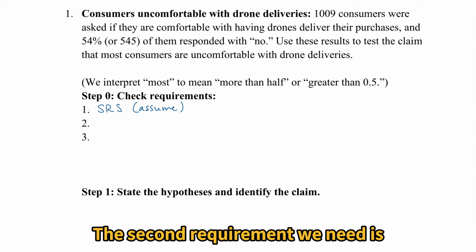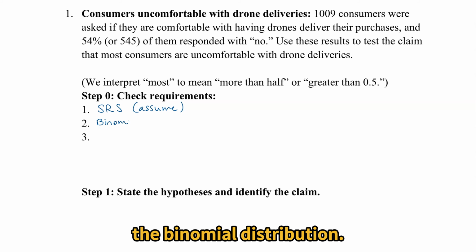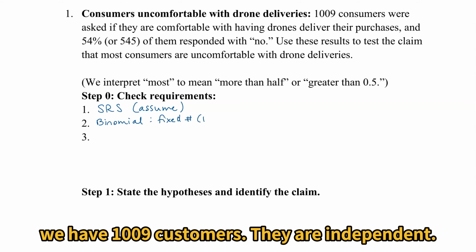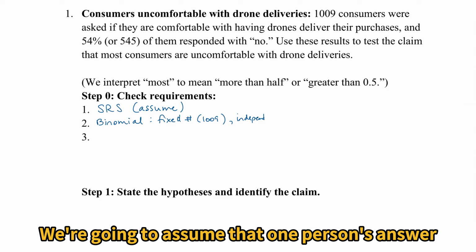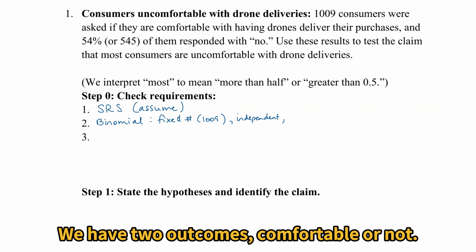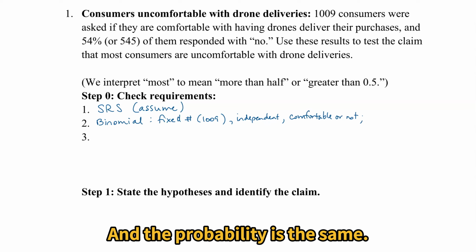The second requirement we need is the binomial distribution. Do we have a binomial? So a fixed number, we have 1,009 customers. They are independent. We're going to assume that one person's answer is independent of another person's answer, as it should be. We have 2 outcomes, comfortable or not, and the probability is the same.